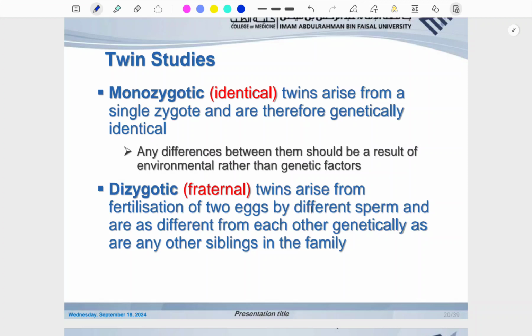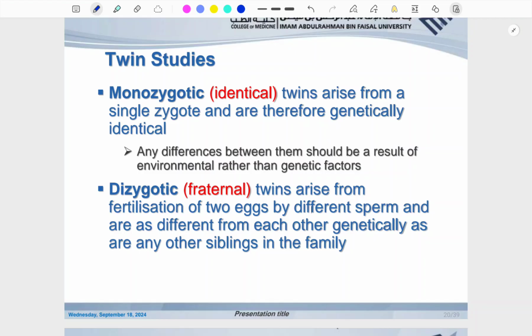And in the case of the monozygotic, the identical, we take them to one place and another to a different environment, and if both of them have it, we say it's genetic. If one of them has not, it's an environmental factor.